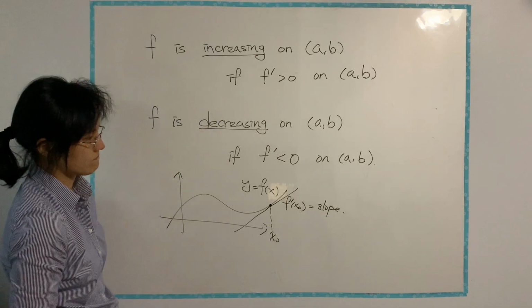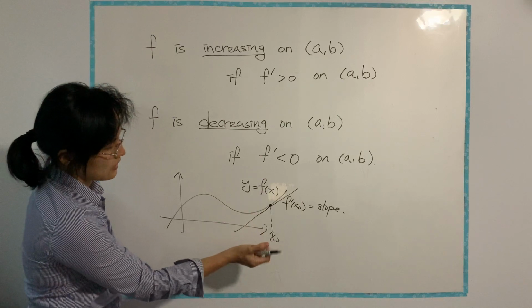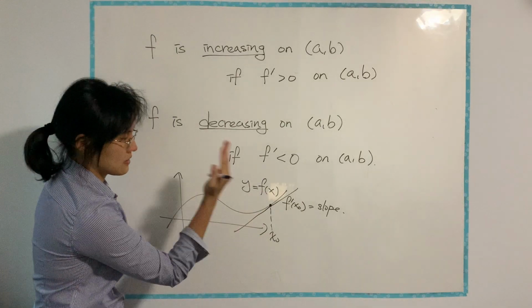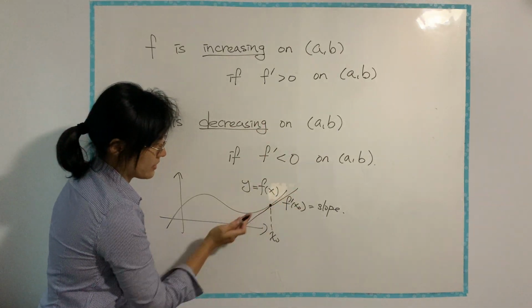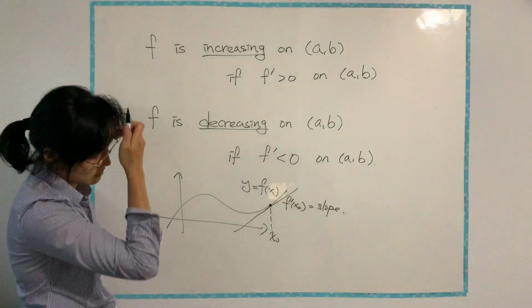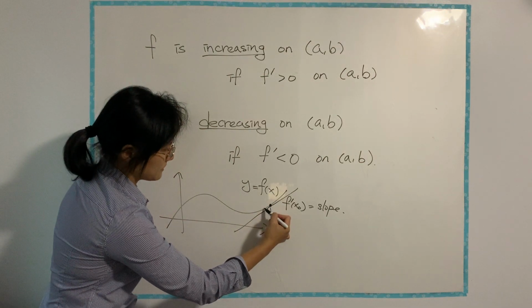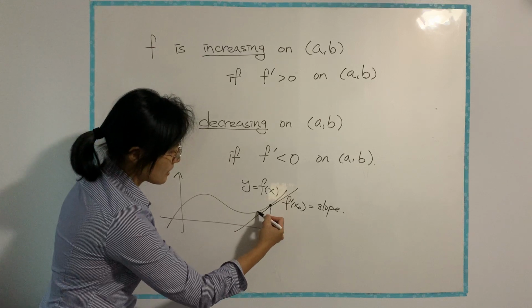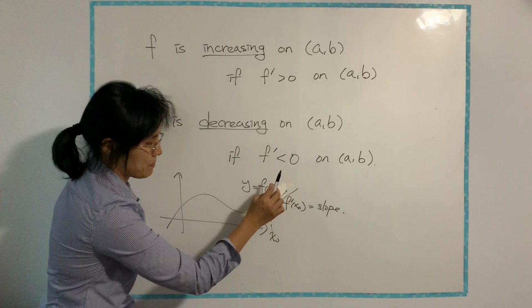line, right? Okay, so you can see that if the tangent line has a positive slope, that if it goes up, then the slope is positive. It goes down, then the slope is negative. That means the curve has a tendency that is moving up.